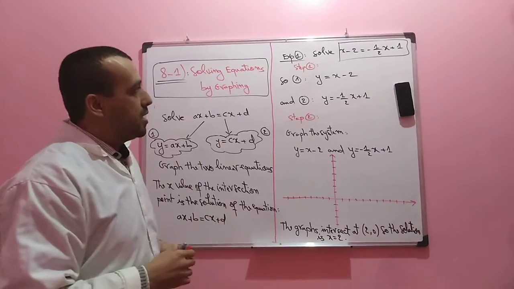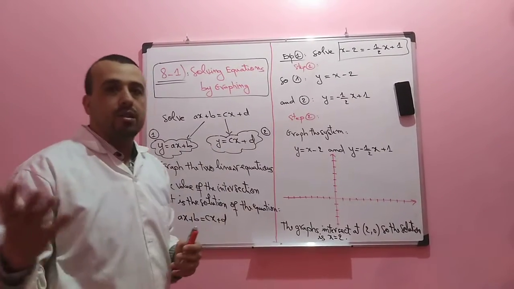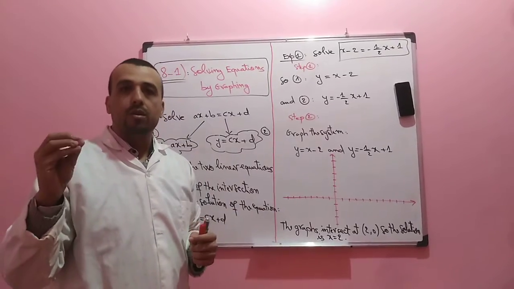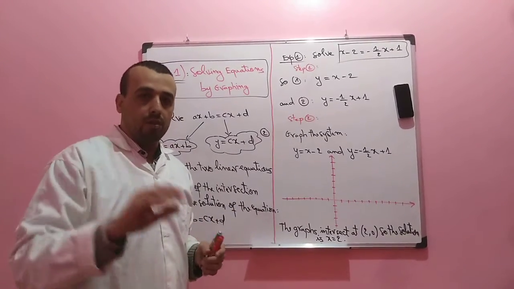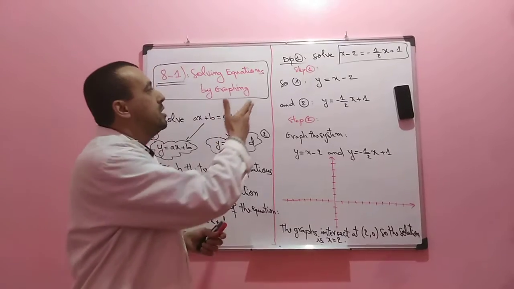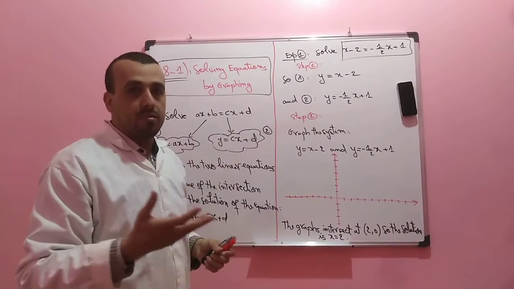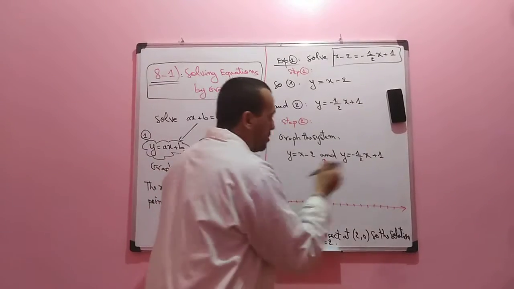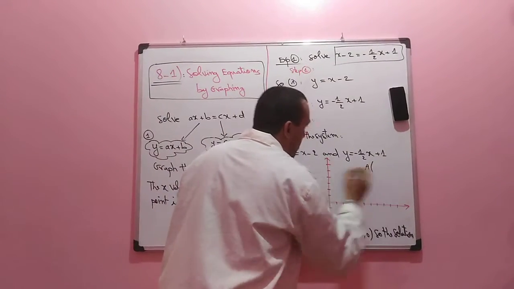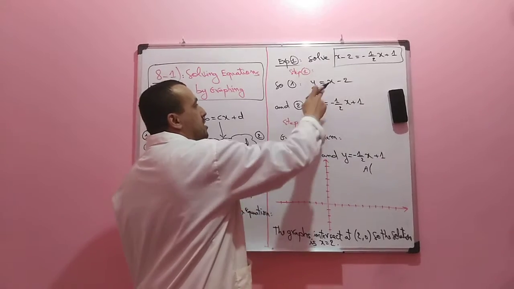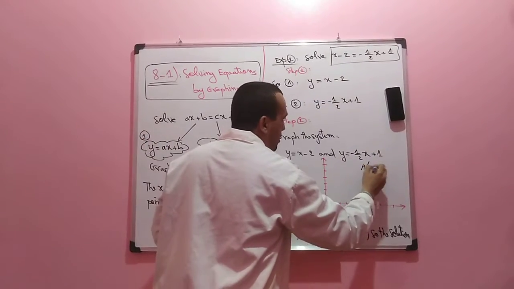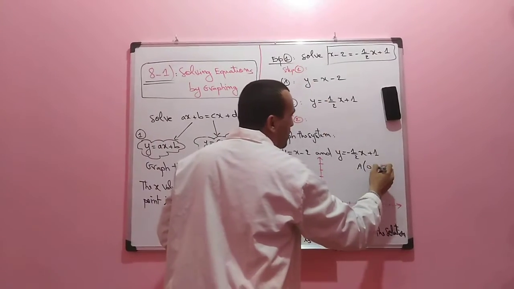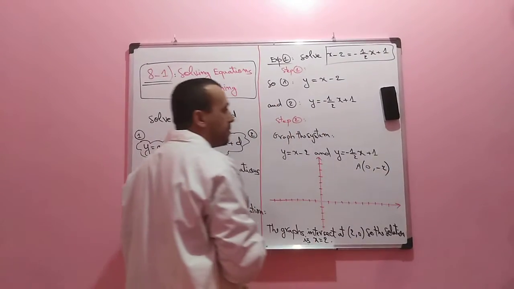For y equals x minus 2, we know from the lesson on the coordinate system how to plot a point. If we need to plot y equals x minus 2, we choose a point randomly, call it A, and choose, for example, x equals 0. If we give x the value 0, y will be minus 2.